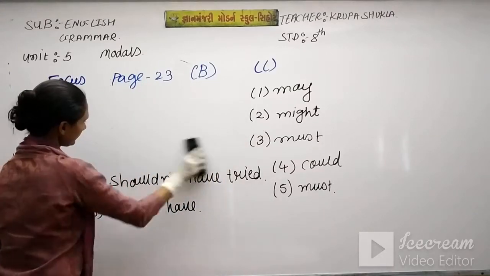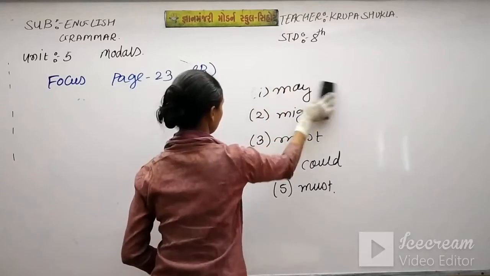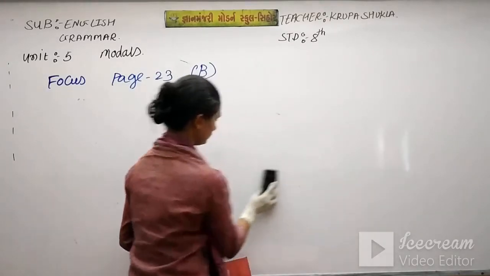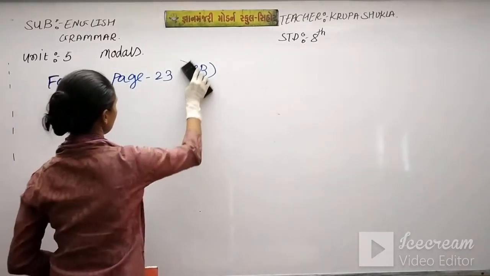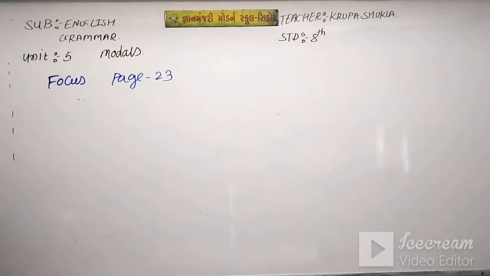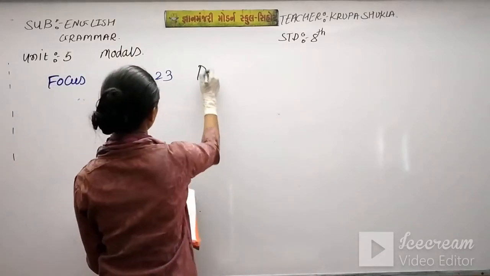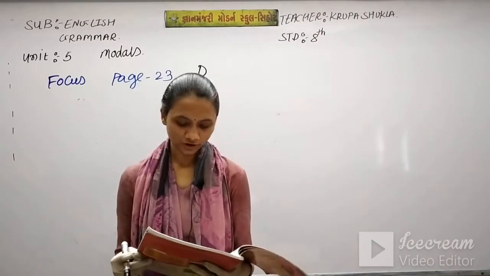Let's go for another exercise. And that is focus exercise D. Combine the sentences using not allowed to.